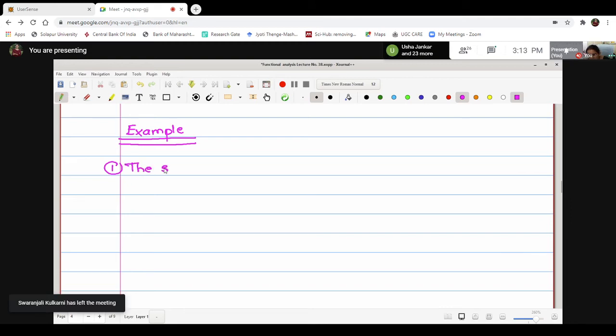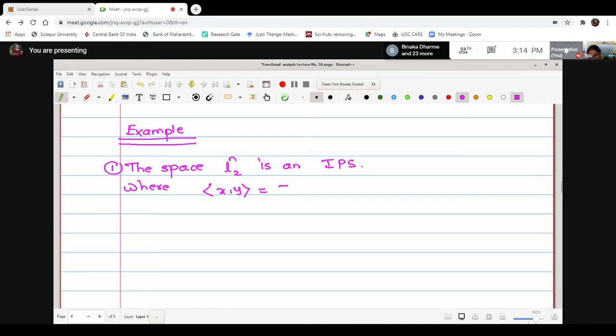The space L2n is an inner product space, where the inner product of x with y is defined as the summation from i equals 1 to n of xi yi bar. Here x is an n-tuple vector, x1, x2 up to xn, and y is an n-tuple vector, y1, y2 up to yn.